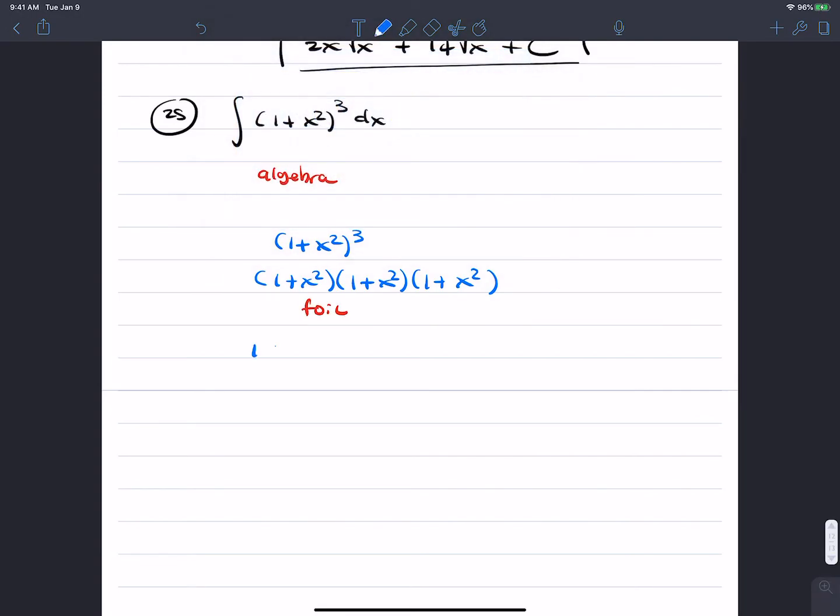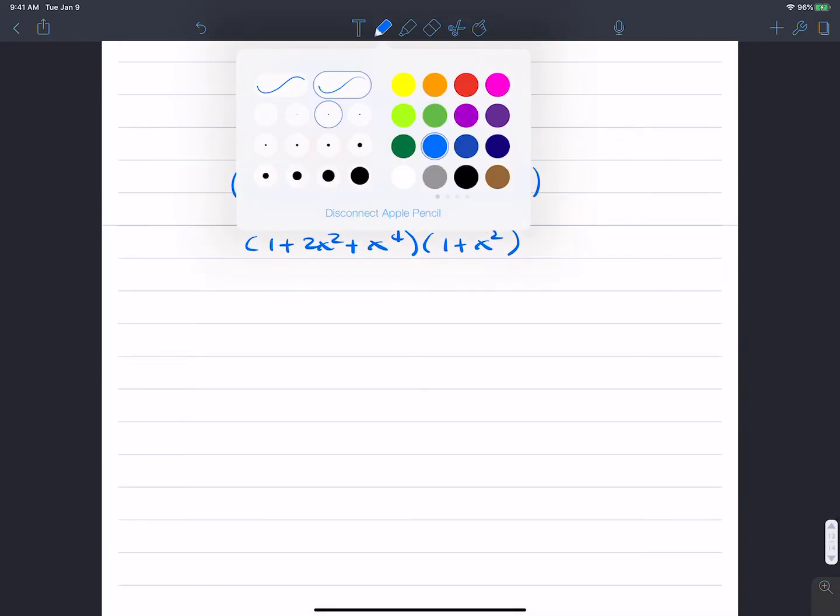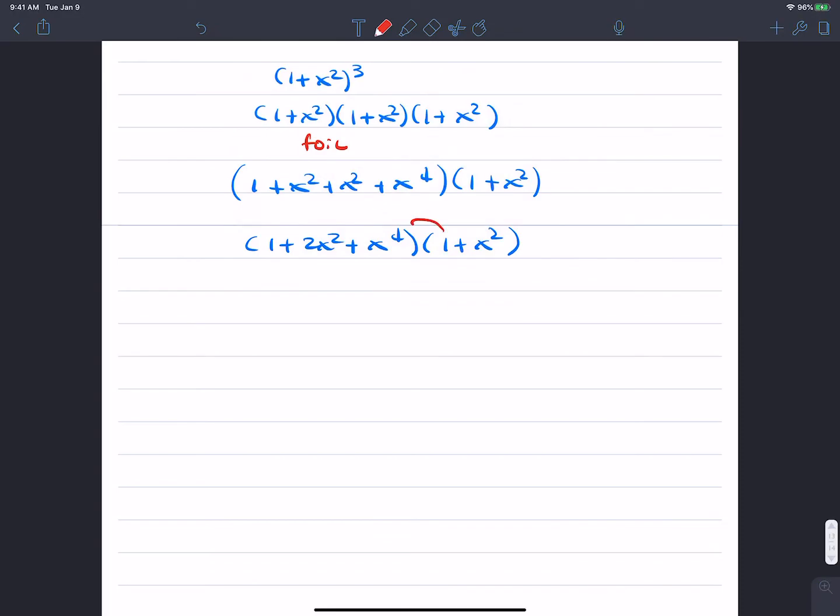So we'll get 1 plus x squared plus x squared plus x to the 4th, and that will be multiplied to 1 plus x squared. When you simplify, you get 1 plus 2x squared plus x to the 4th, and that's multiplied to 1 plus x squared. So now you're going to multiply again. This is not FOIL, I call it FOIL-ish, because 1 gets multiplied to every one of these terms, and x squared gets multiplied to every one of these terms.